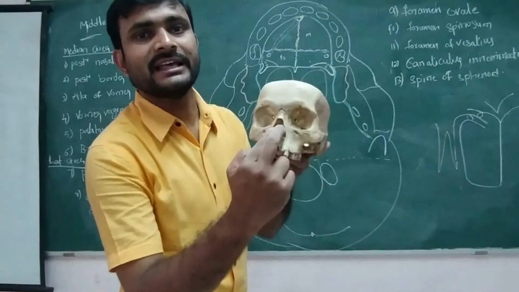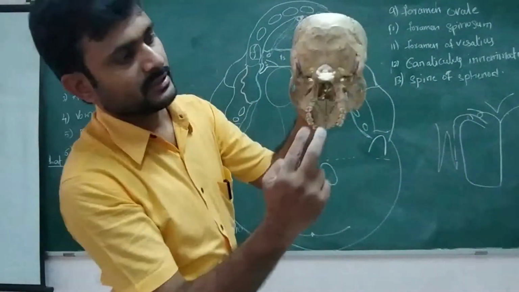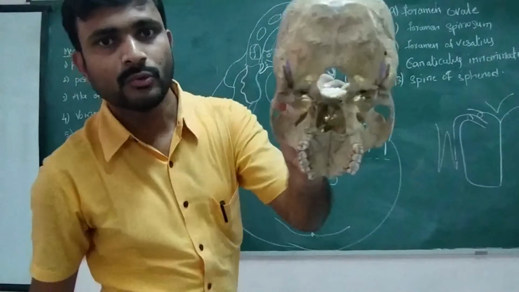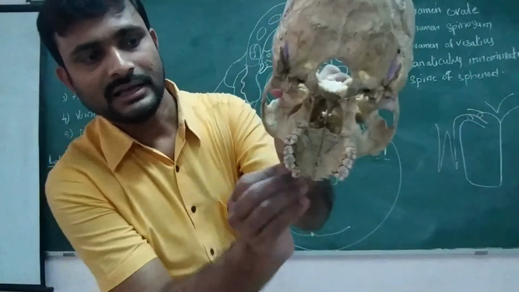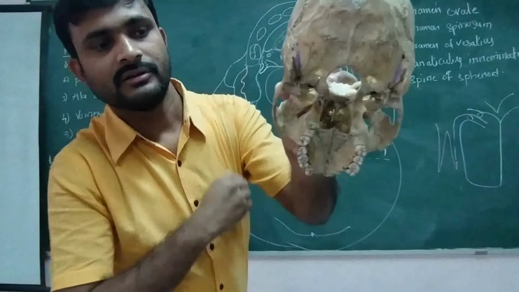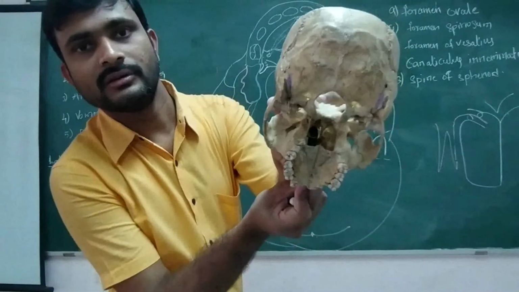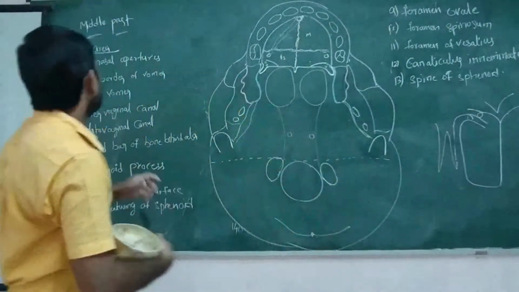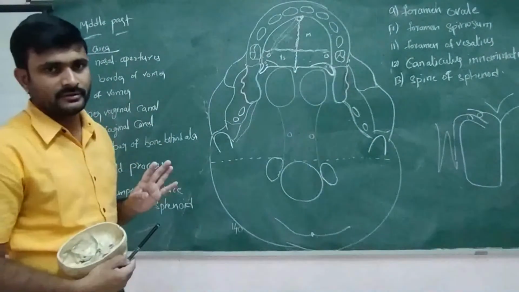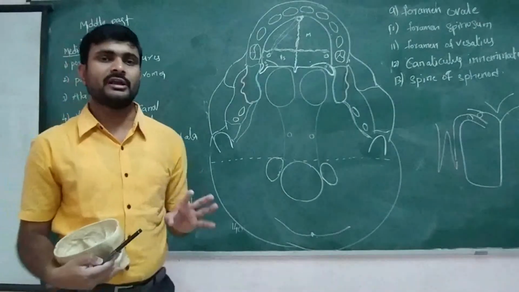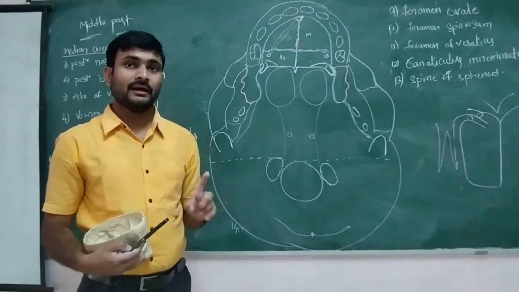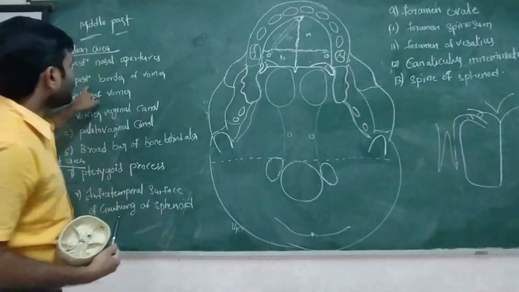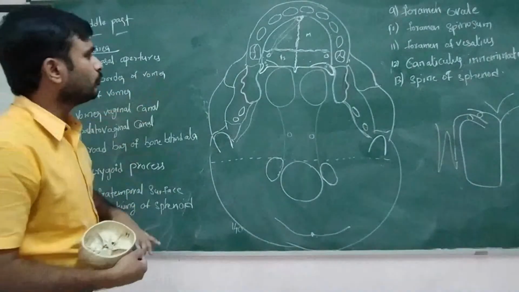These are the anterior nasal apertures, and these are the posterior nasal apertures. 1, 2: two posterior nasal apertures are present. These are called the choana, posterior nasal choana. Next, the posterior border of the ala of the vomer.